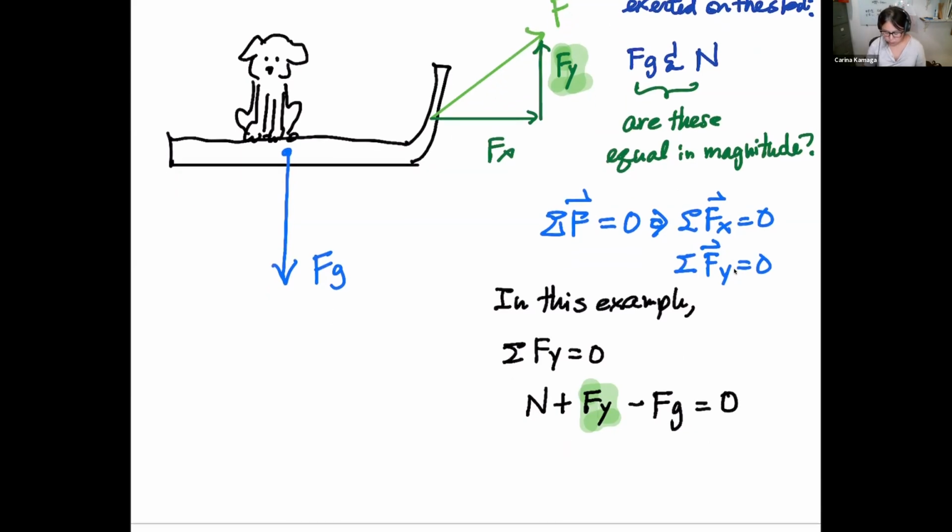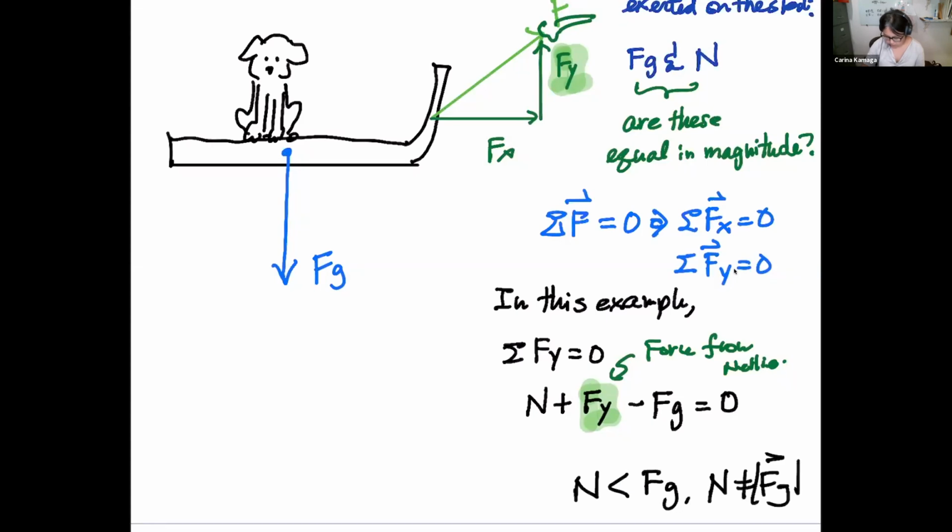So now the normal force will be less than Fg because you have help from the force that's pulling by Nellie. This is the force from Nellie. So in this case, the normal force is less than Fg and is not equal to the gravitational force. Sounds good?